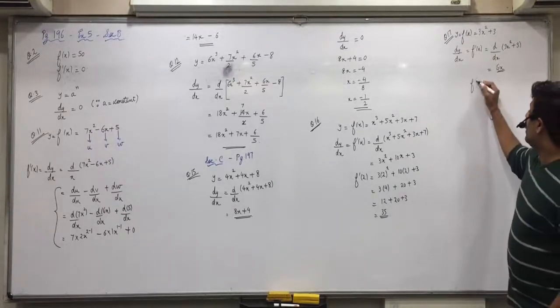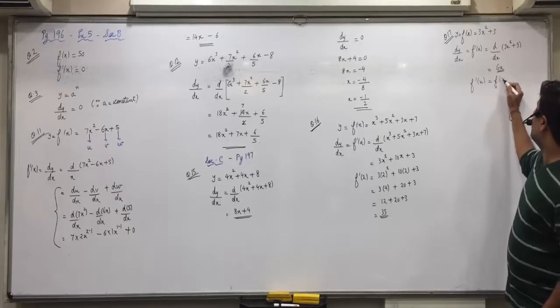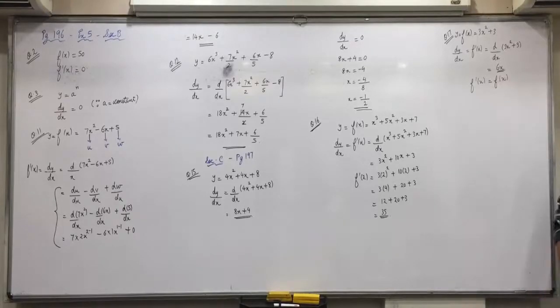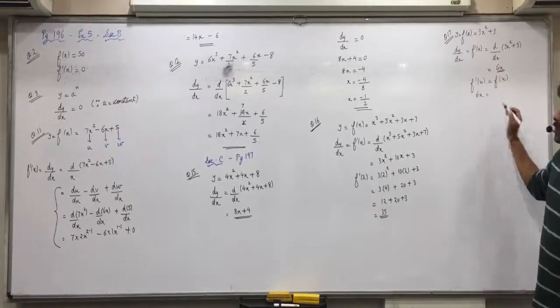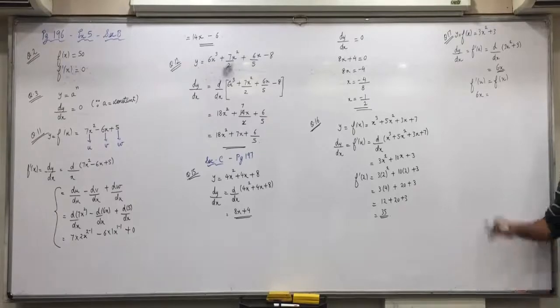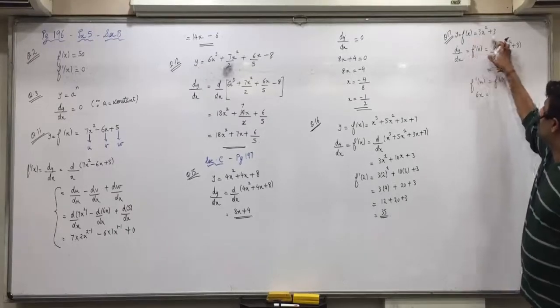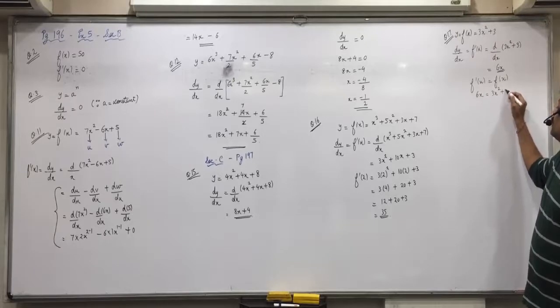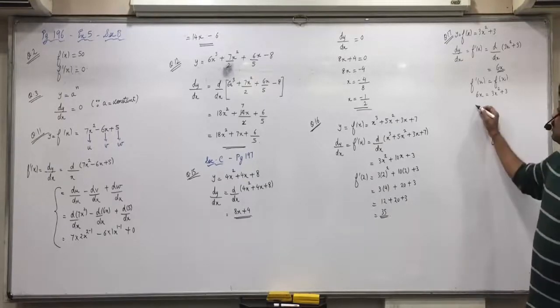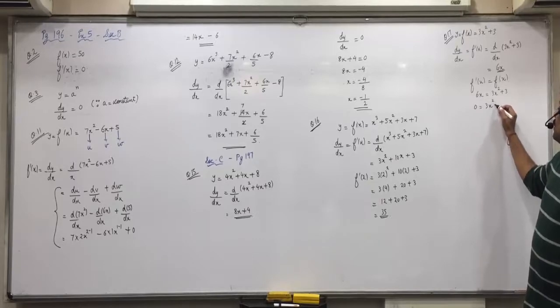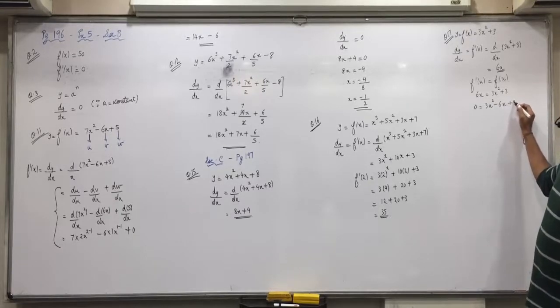Now you are asked, f dash x equals fx. You will find for which value of x this happens. f dash x equals fx. What is f dash x? 6x. So in place of f dash x, 6x. Any doubt in this? What is fx? 3x square plus 3. Any confusions? Bring 6x on the right side, it becomes minus. So 0 equals 3x square minus 6x plus 3.